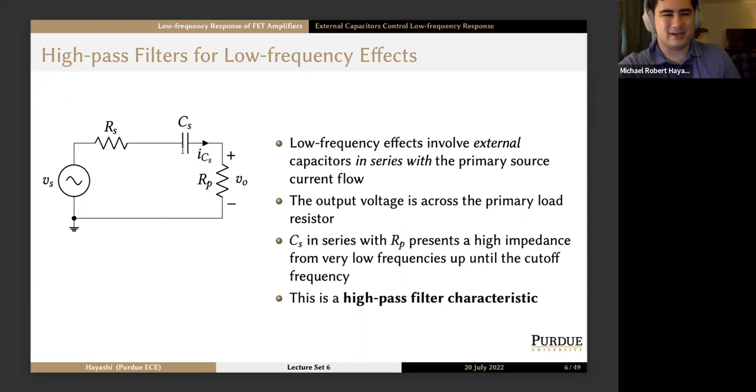Because it's in series, think of the capacitor at sufficiently low frequencies. It behaves more and more like an open circuit. So it's going to present a higher and higher impedance as frequency goes down, until we get very little current through the resistor, and thus we reach our cutoff frequency.